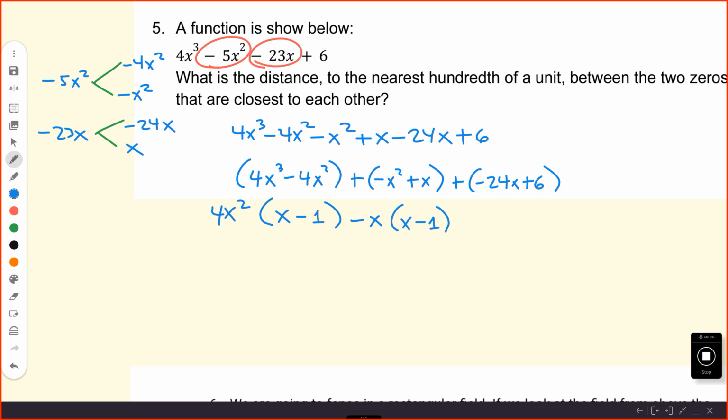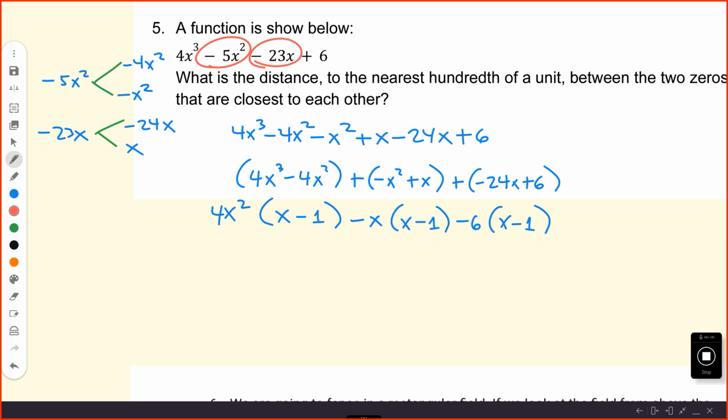Okay, 2 terms. How do you factor this? That would be 6. I'll just use negative 6 because we have a negative here. So negative 6 and then x minus 1. Oh, sorry, hold on.